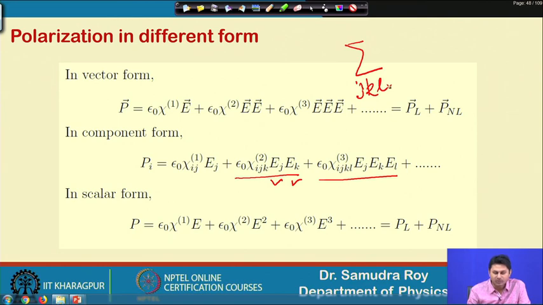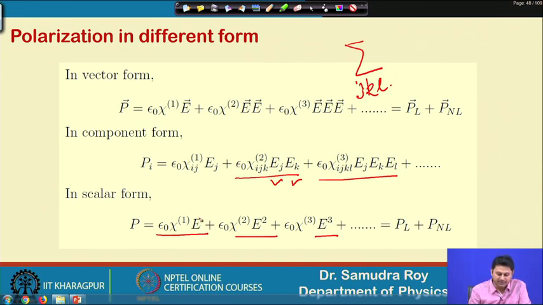The scalar form is the simplest form, but it is very useful to understand the fundamental effects. For example, second order effect, third order effect, second harmonic generation, third harmonic generation, sum and difference frequency generation, all these important effects can be understood with these terms, where there is no vector component or any vector sign, only the amplitude of E. Since we are using only the amplitude of E, we call it the scalar form, which is very simple and very useful.